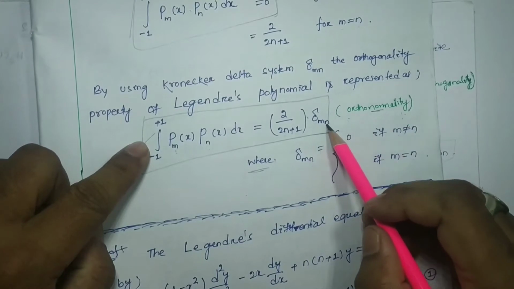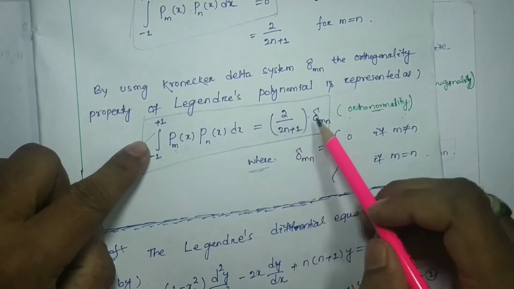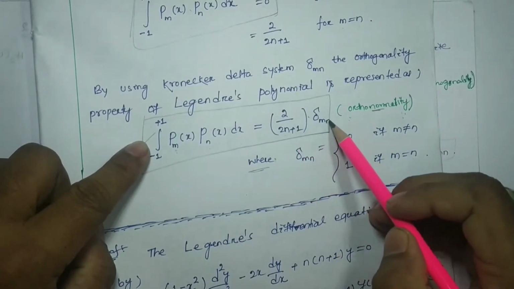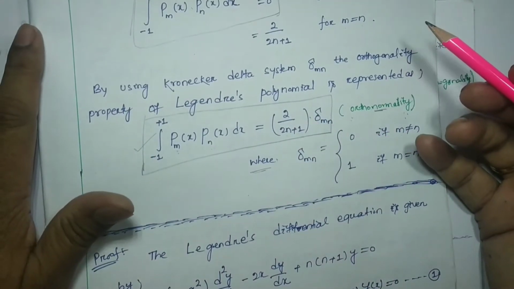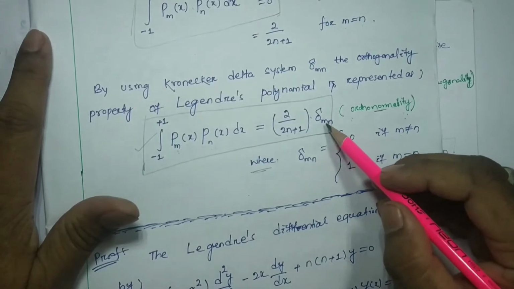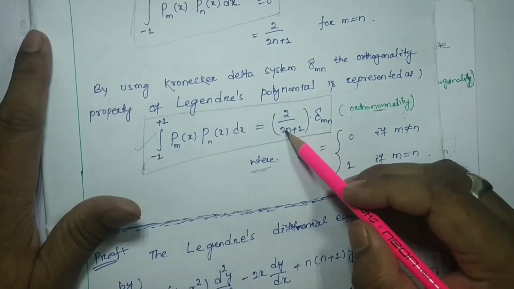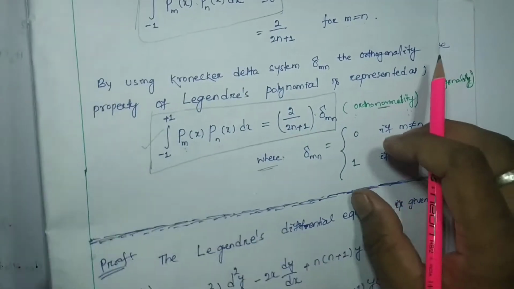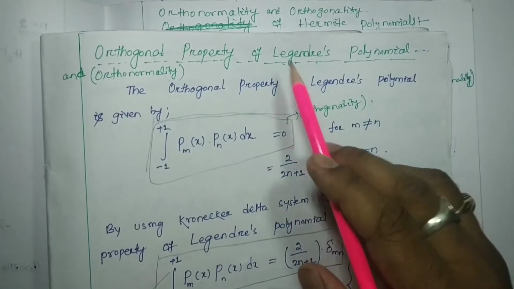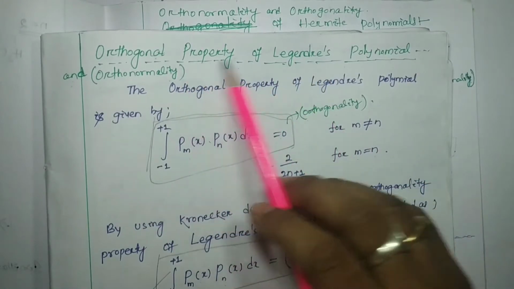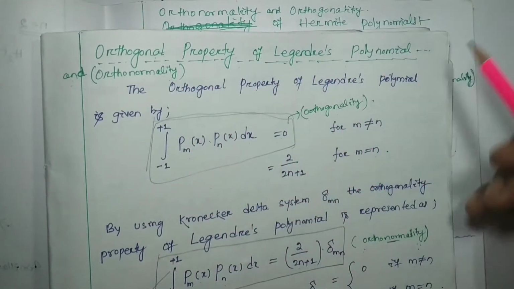Here m not equal to n, then this delta mn will be equal to 0, so this value will be 0. That is nothing but your orthogonality property. And if m equal to n, the value will be 2 by 2n plus 1. Okay, so you just correct it in your note wherever you wrote about the orthogonality property of Legendre's polynomial.